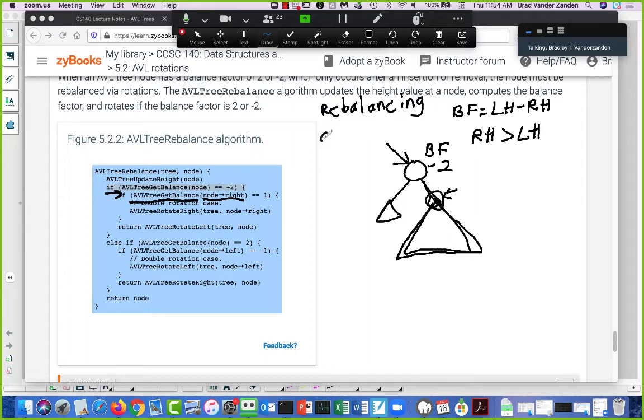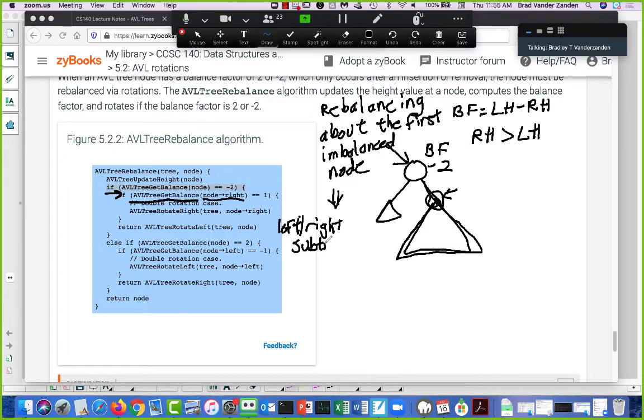So we know that both the left and right subtrees are balanced. So we know that the left and right subtrees are AVL trees, because this is the first unbalanced node. So when we come down to the right subtree, we know that it's an AVL tree.